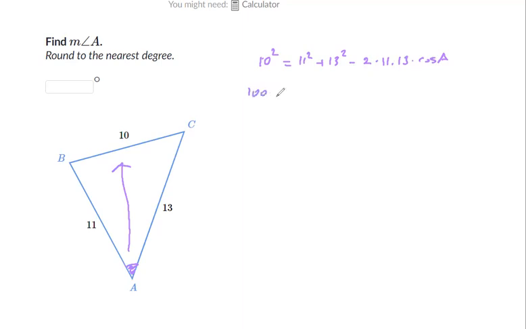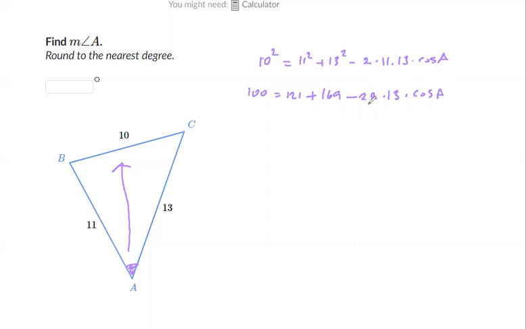This is 100, and this is 121, 169, minus, you can multiply these two to make fewer products, so that's 22 times 13 times cosine A.